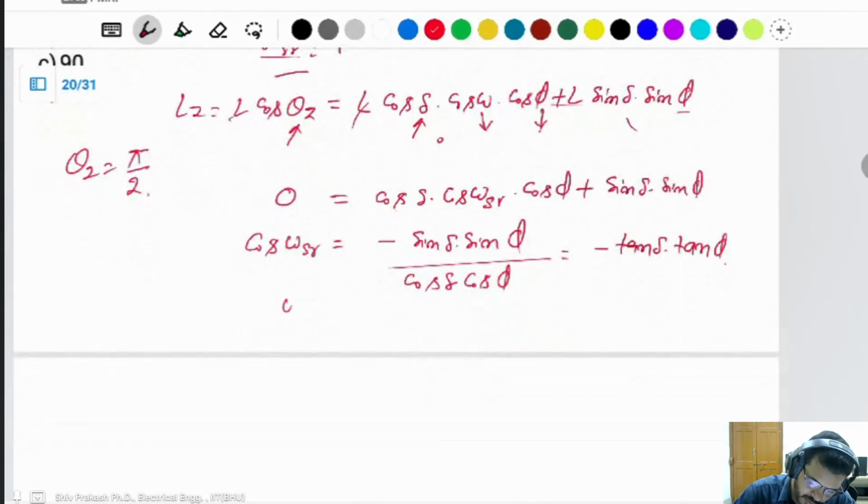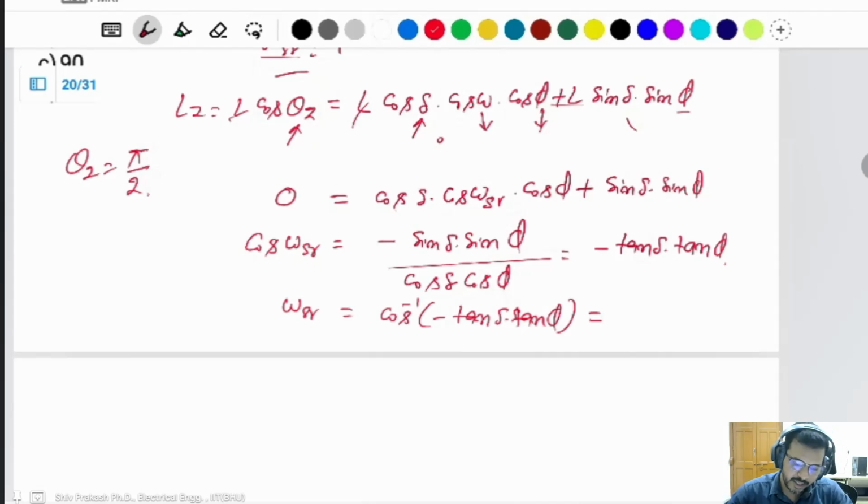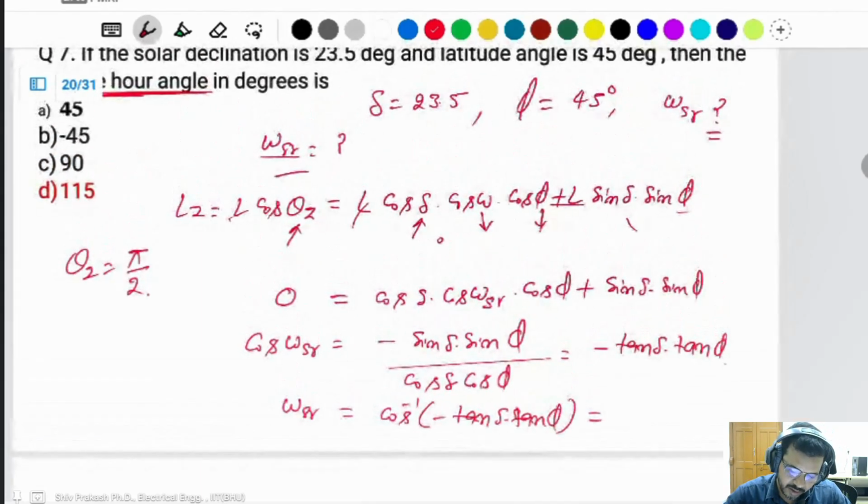Then what is the angle of omega SR? It will be cos inverse of minus tan del into tan phi. Del is given as 23.5 degrees, phi is 45 degrees, tan 45 is 1, and tan of 23.5 is 0.4348, so minus 0.4348.